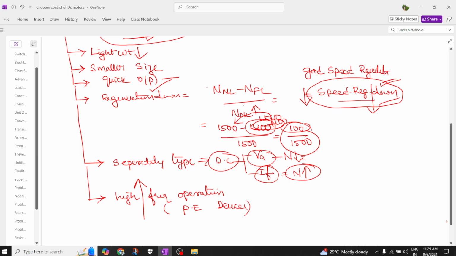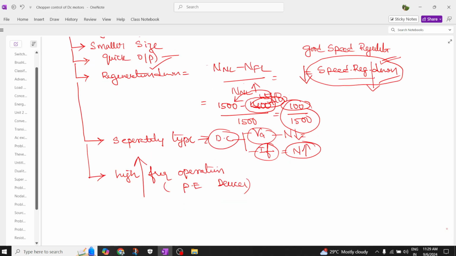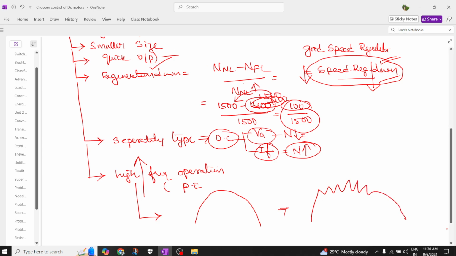So this high frequency of operation has one more problem. Operating the switches at high frequency will create some ripples, which are an unwanted signal. Actually the signal should be like this, but these create some unwanted ripples due to the high frequency switching of power electronic devices.